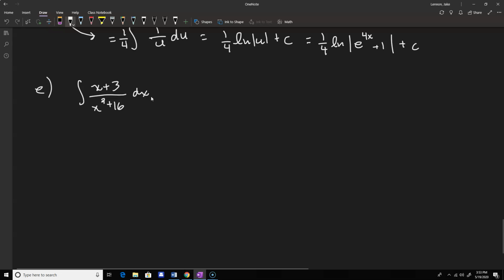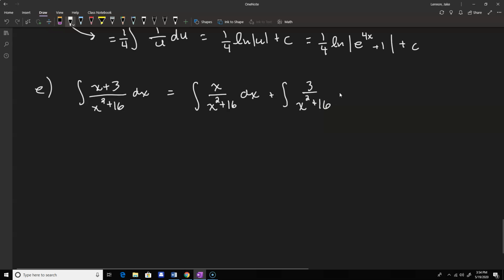Basically what we have is we can split this fraction up using the 2 terms in the numerator. So the first trick is just using the common denominator. So this can be rewritten as the integral of x over x squared plus 16 plus the integral of 3 over x squared plus 16.